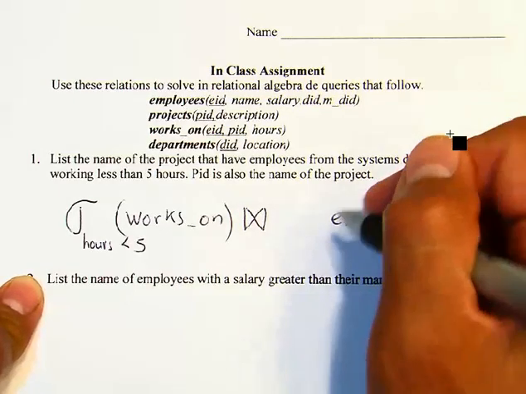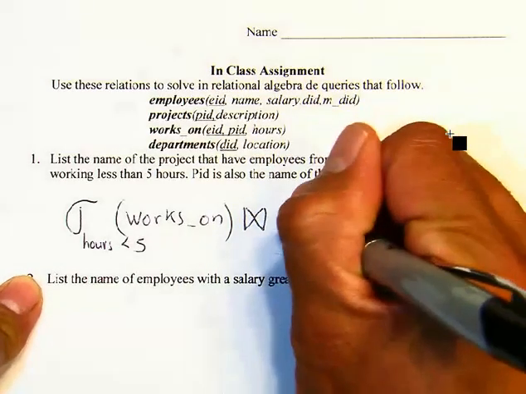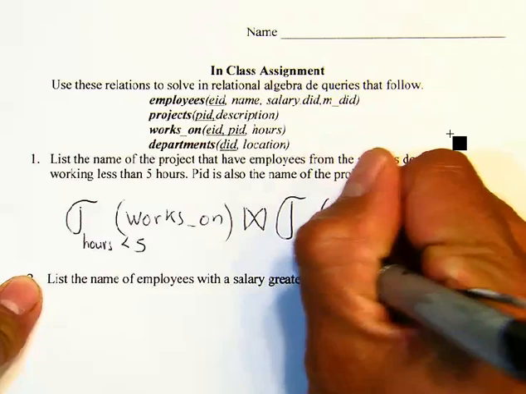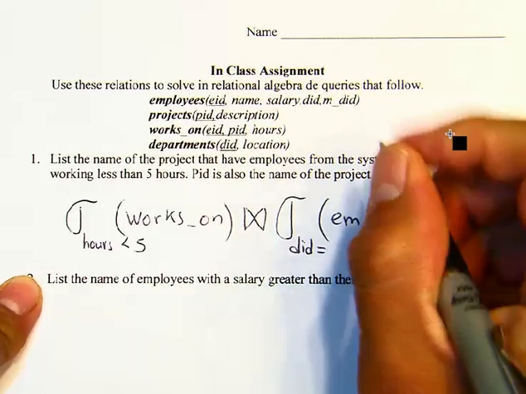But we want employees from the systems department. So we select where DID is systems.